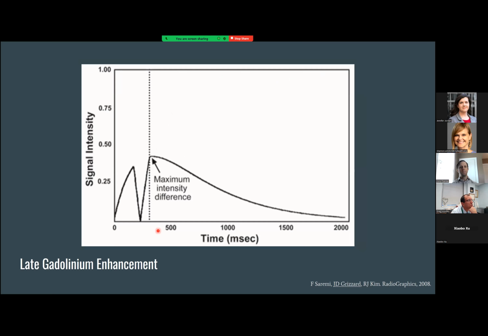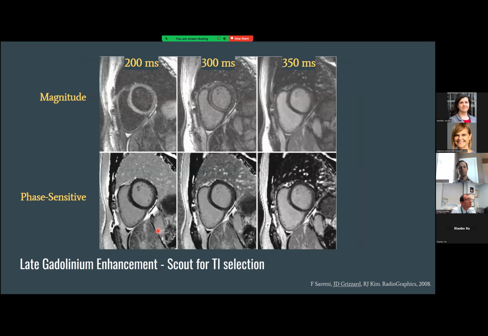Thinking back through that theory, it helps us understand some of the artifacts that come into late gadolinium enhancement. It's why we first do a scout across different inversion times so we can properly select our inversion time. If we don't get that right, then it can be a little bit more difficult to interpret our images. You can see a lower signal intensity at 200 milliseconds, a lower inversion time, going to 300 and then 350.